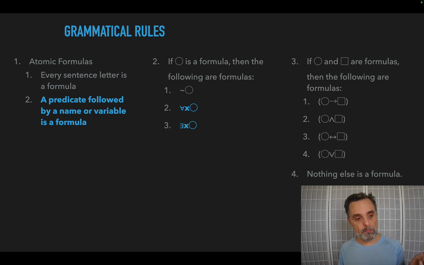They aren't other atoms, and they aren't formulas in particular. Okay, and then we have the rule that says if you have a formula, there are now 3 things you can put on front of it. You can put a negation on the front of it, but you can also put a quantifier and a variable on the front of it and make a new formula. And then we have all of our old rules for if-then, and, if and only if, and or.